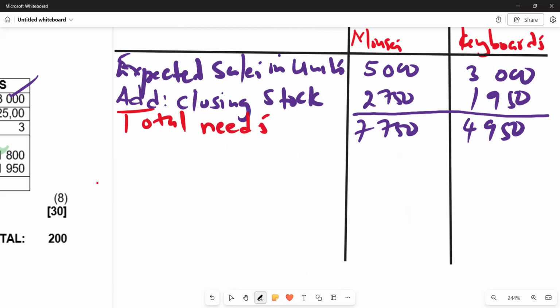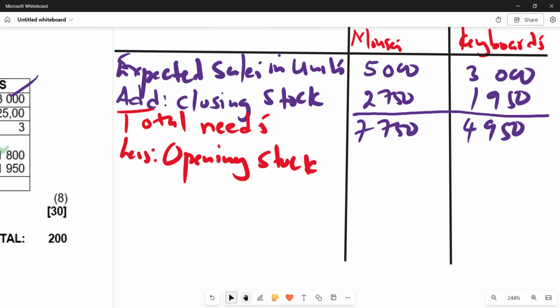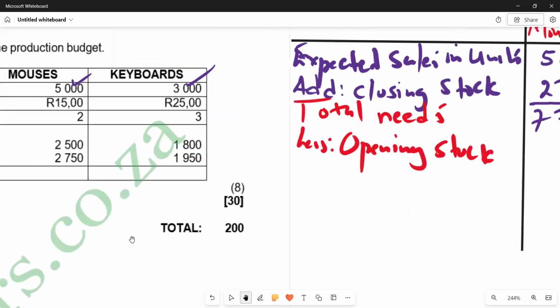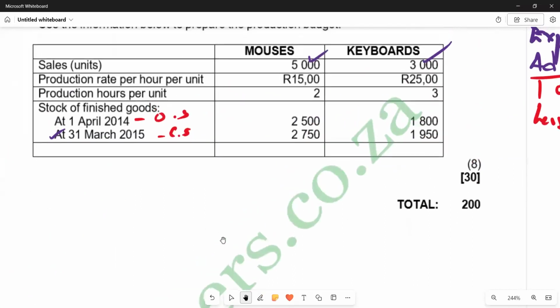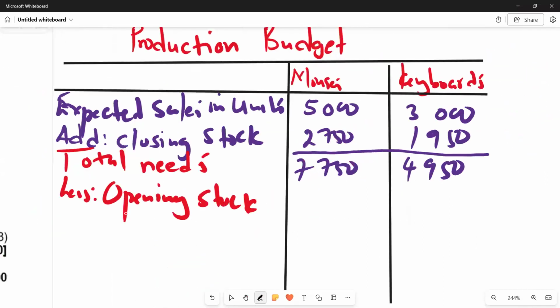Beneath that, you subtract opening stock. So we say less opening stock, and identify the figures for mouses and keyboards. Our opening stock is the first row under stock of finished goods: 2,500 for mouses and 1,800 for keyboards. Since we are subtracting, we show them in brackets.